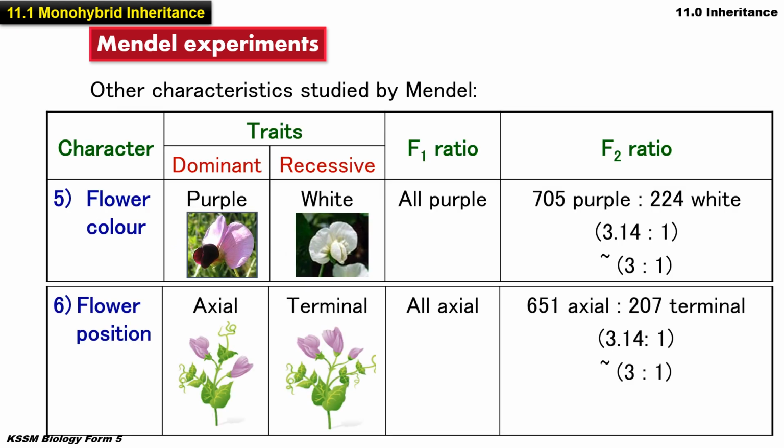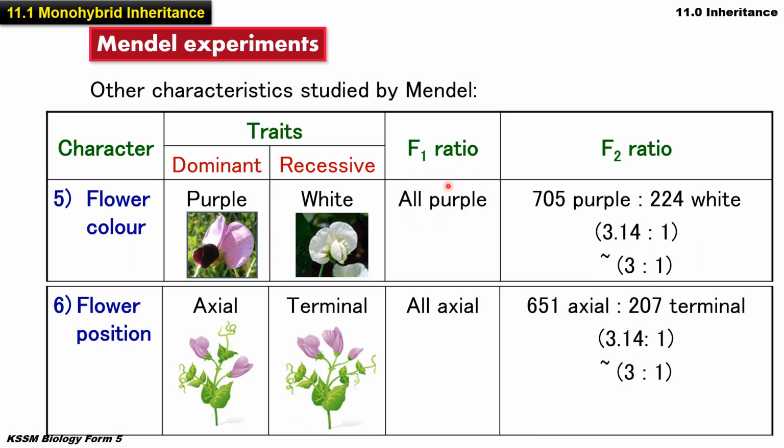Lagi, dia study lagi flower, okay, flower color and also flower position. So, bila Mendel ni dia dah study sampai 6 karakteristik, dia pun come out lah, oh okay, maksudnya bila F1 generation, okay, which is cross between the pure dominant and pure recessive, dia akan dapat semua dominant.